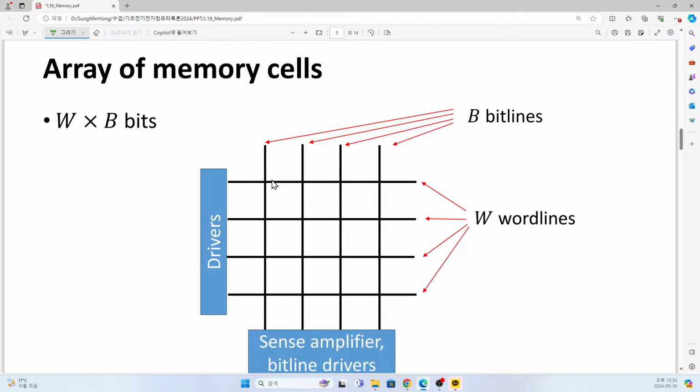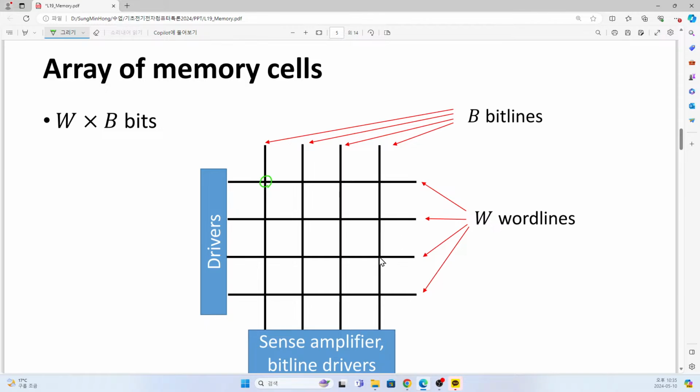However, we want to have a high capacity for memorizing something. So therefore, instead of having only one component here, we wanted to make a certain array of memory bits.